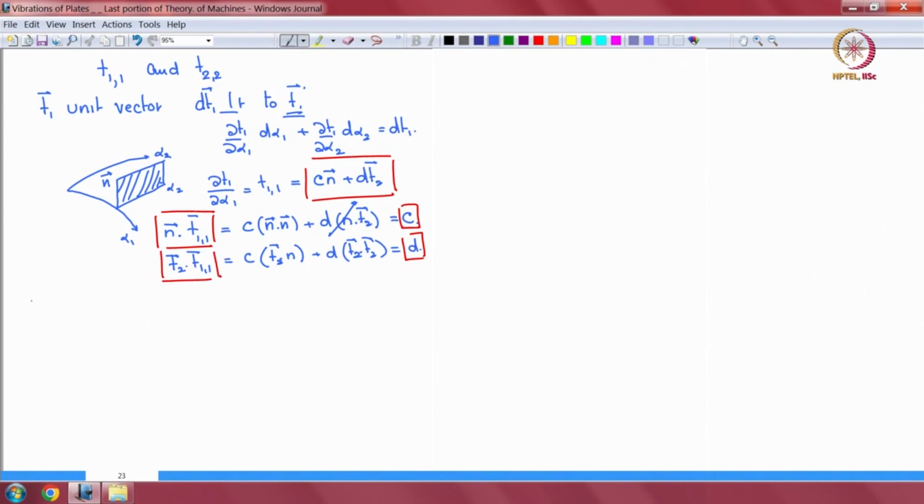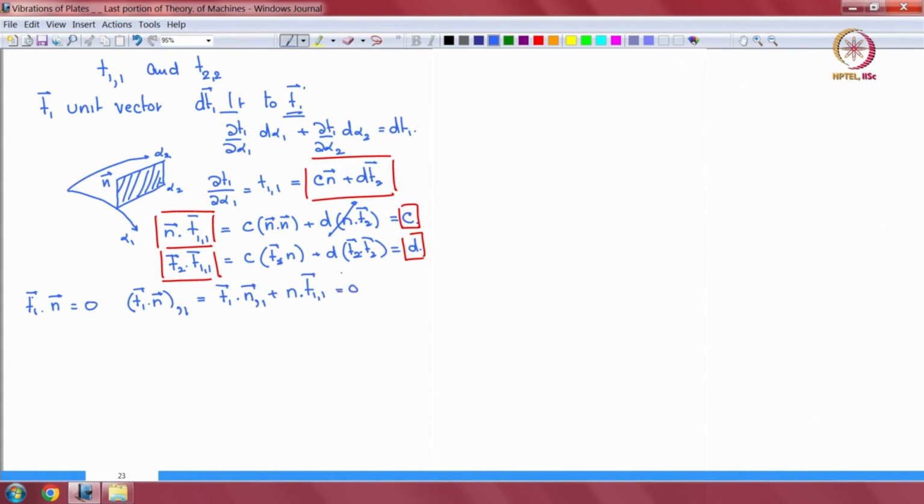Now we know that T1 dotted with n equal to 0, and therefore T1 dotted with n differentiated with respect to 1 is also 0. So this is equal to T1 dotted with n comma 1 plus n dotted with T1 comma 1, that is equal to 0.